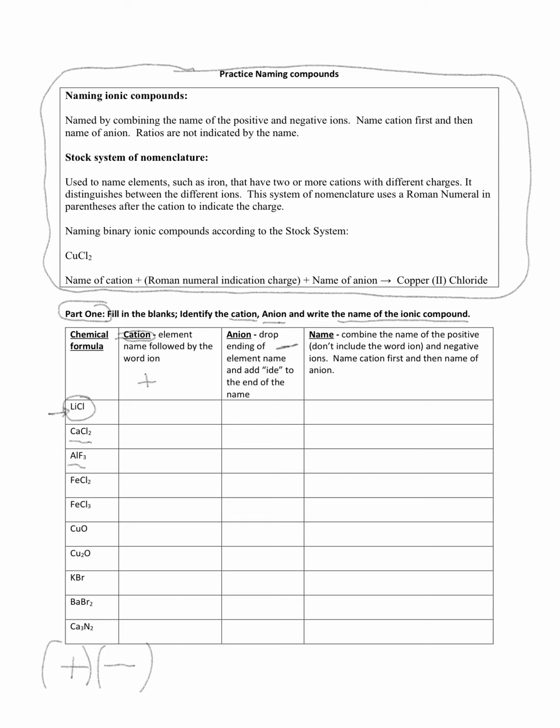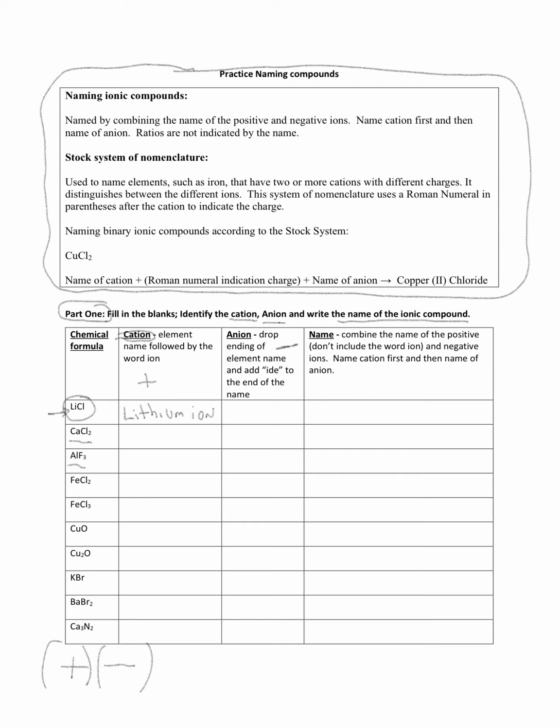So here, if I go look in the periodic table, I'll find that Li is lithium. So the first element is lithium.